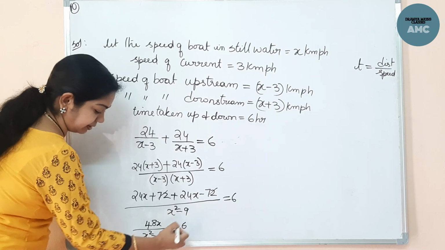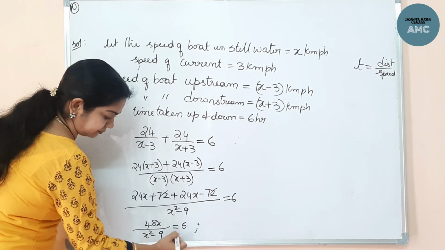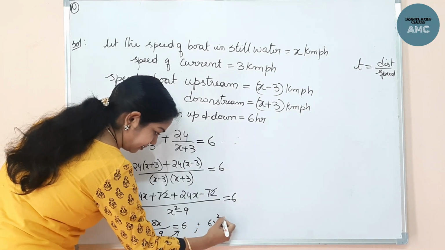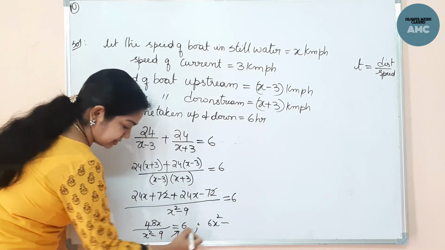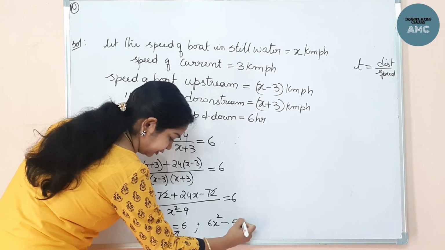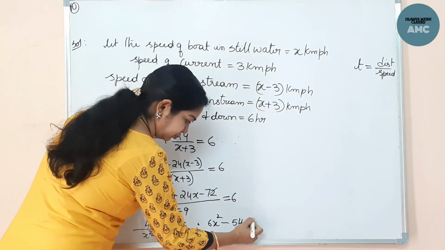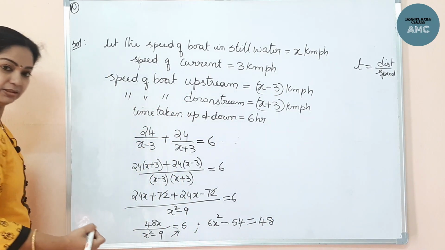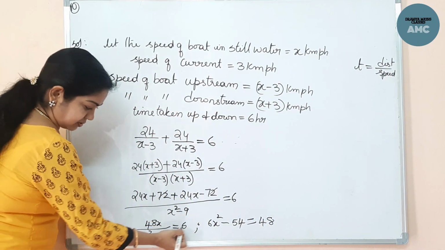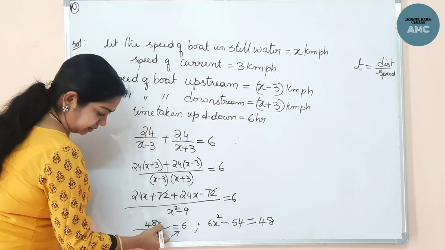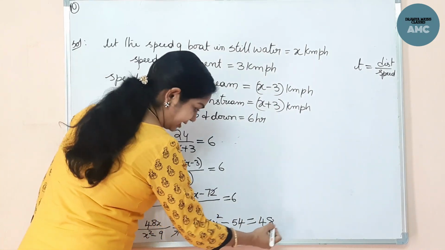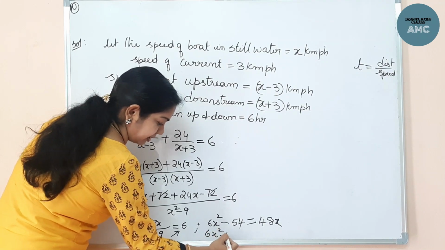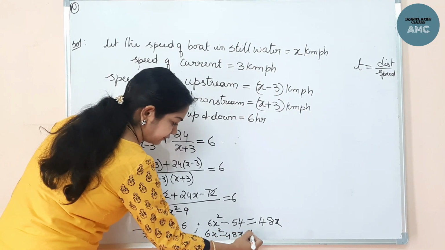If you cross multiply here, now it comes to 6x square minus 6 nines are 54 equals 48x. Right, now bring it to one side, 6x square minus 48x minus 54.